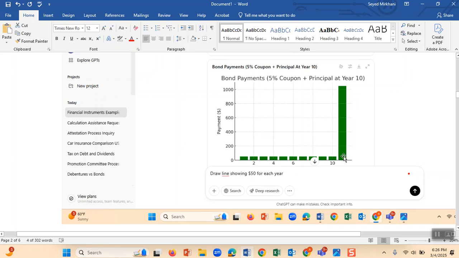In perpetuity, you don't see this tall green line. You see this small green line forever, 1,000 years, you get $50. Therefore, this is a perpetuity, and this is a bond, which has a coupon payment of 5%.